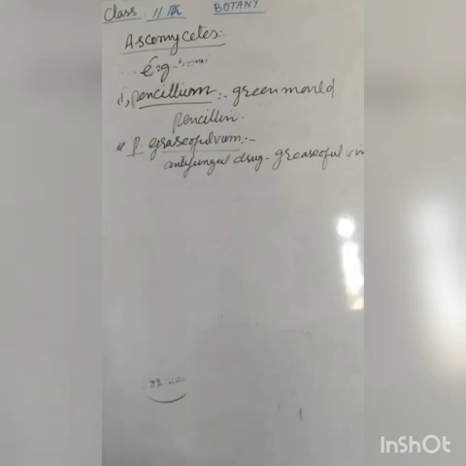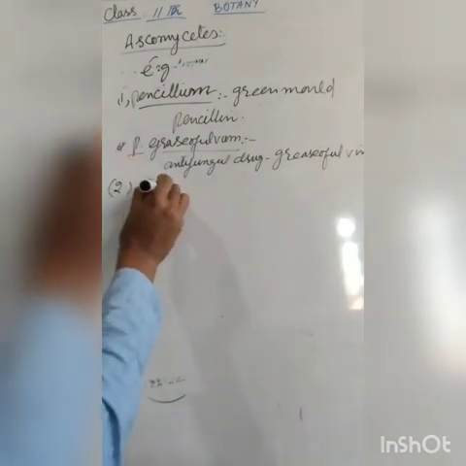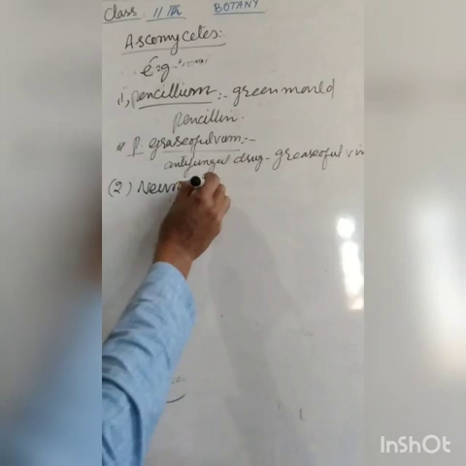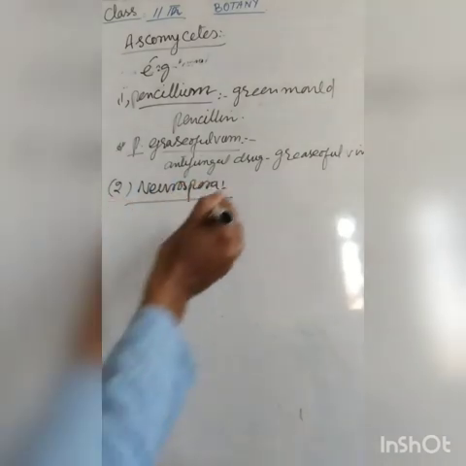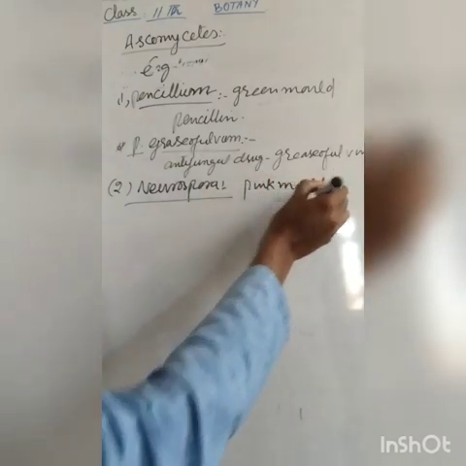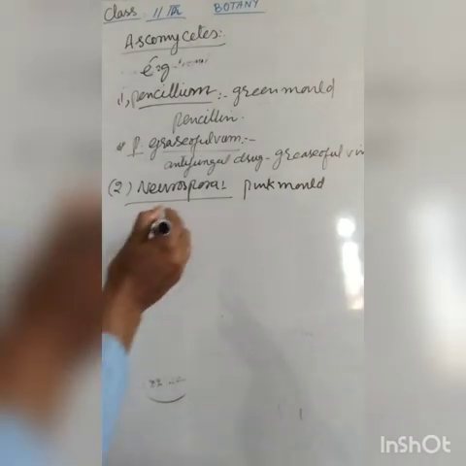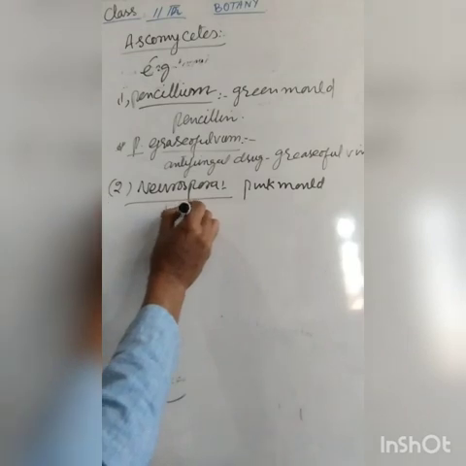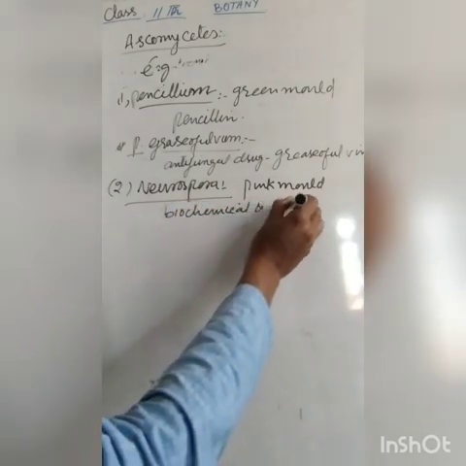And there is another example of Ascomycetes, Neurospora. Neurospora is commonly called the pink mold. It is used in biochemical and genetic studies.